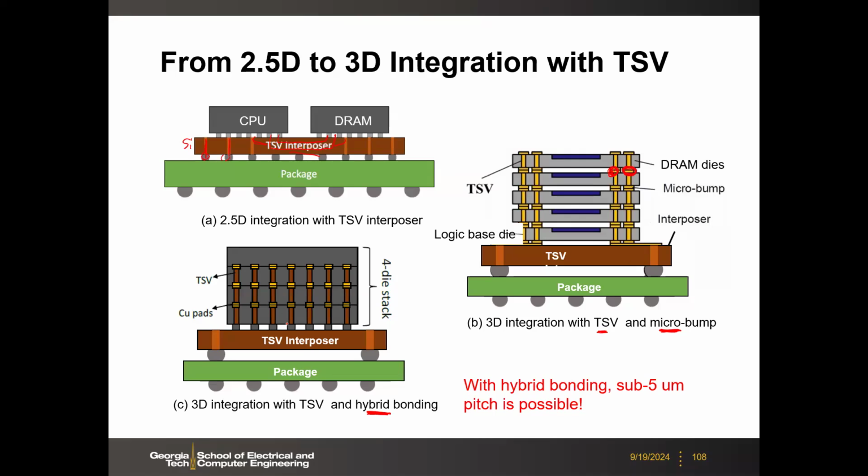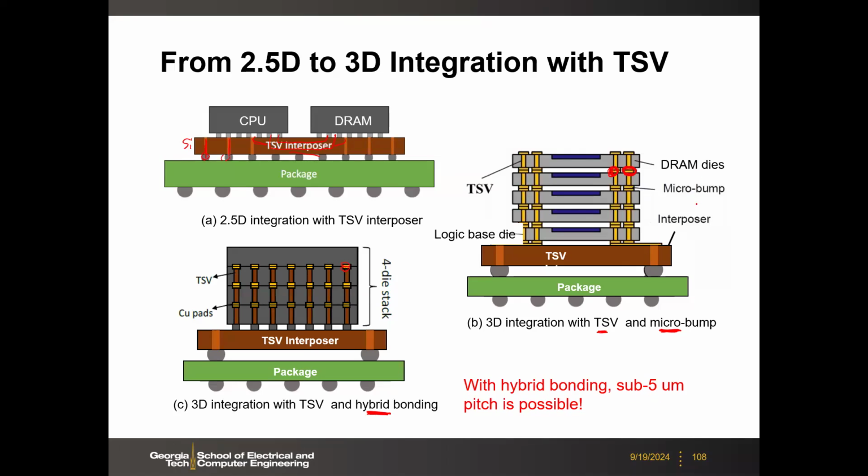And then for this bumpless hybrid bonding, this is really copper to copper pad direct bonding. You do not add additional metal in between. So the metal pad, which is copper, from the dies will talk to each other directly. With hybrid bonding, sub 5 micrometer pitch is possible.